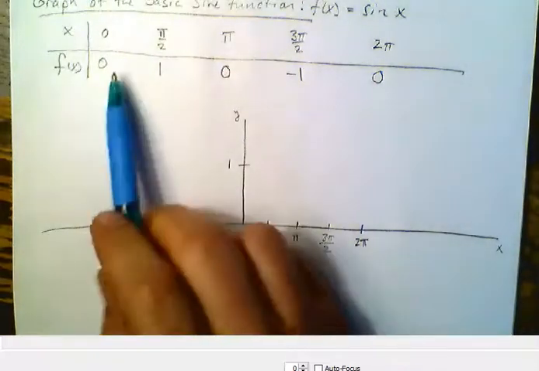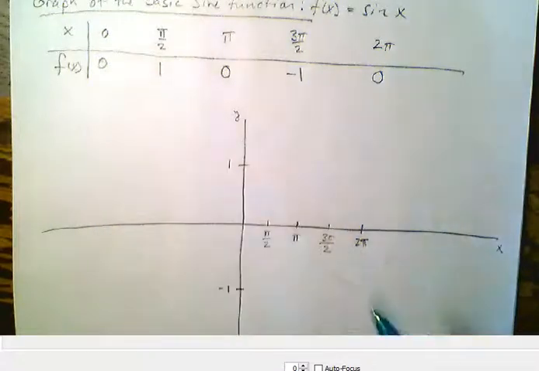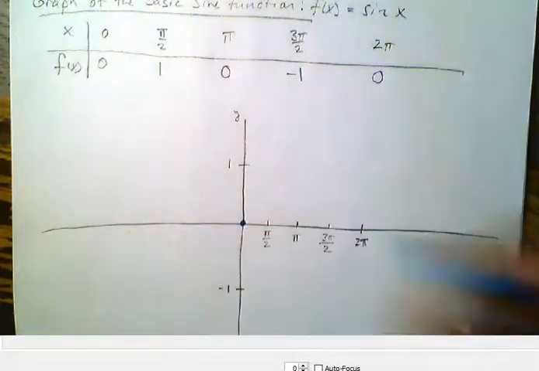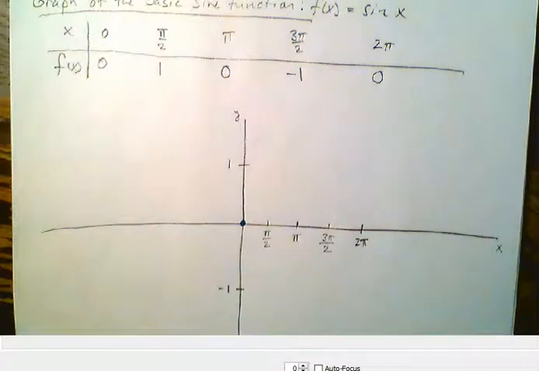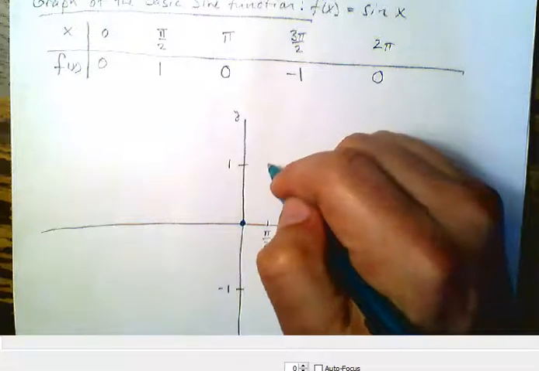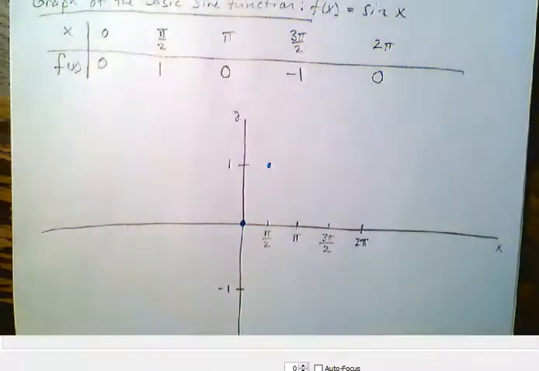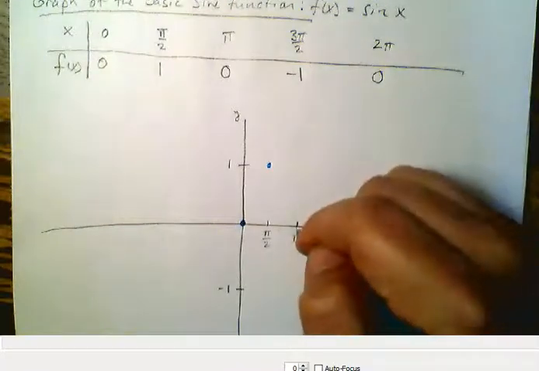So plotting the points from our table, we get the point at the origin, which is 0, 0. The point pi over 2, comma 1. So pi over 2, 1. At pi, the sine would be 0.